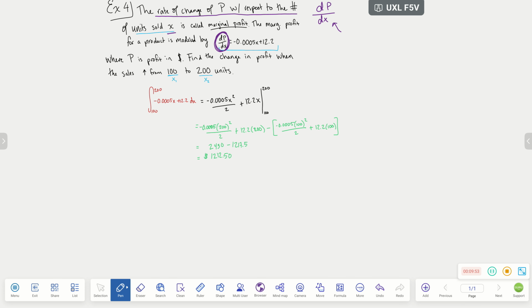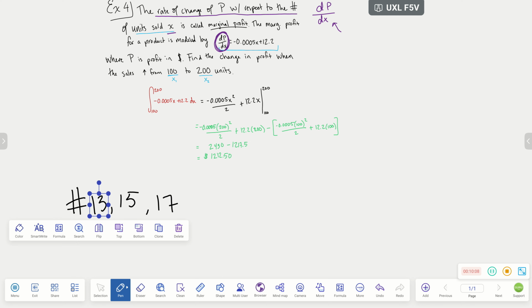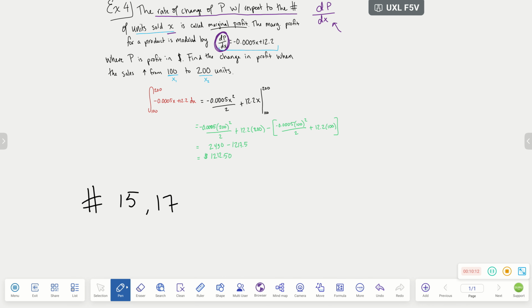Okay, so now we're going to do numbers 13, 15, 17. We'll take 13 off of there, actually. Change my mind. 15 and 17. And then the AP practice, so 25 through 27.